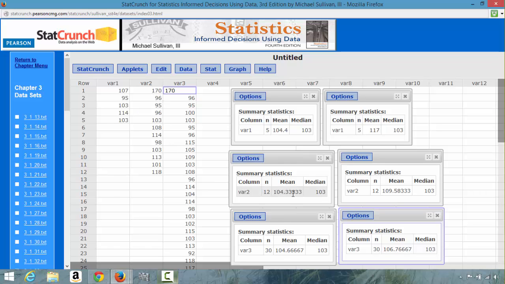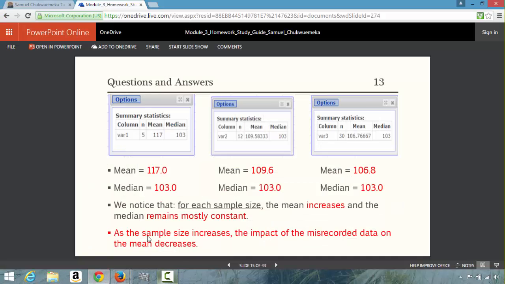And here 104.33333 to 109.58333, the mean increased. Also from here 104.66667 to 106.76667, the mean increased, but the median remained constant. Okay. As the sample size increases, the impact of the misrecorded data on the mean decreases.